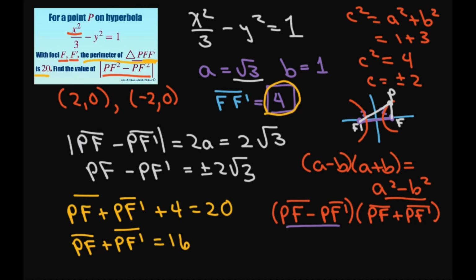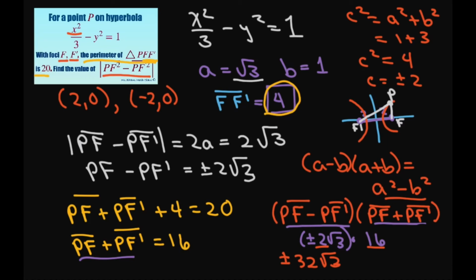This part here we already solved: that's plus or minus 2 square root of 3. This one right here is 16. So this is going to equal plus or minus 32 square root of 3, just multiplying the 2 and the 16.